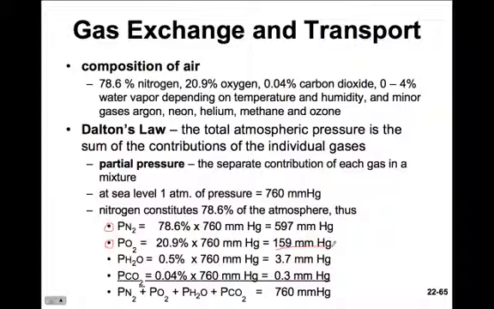If we've got about 0.5% in there, we have 3.7 millimeters of mercury. The other important one here is partial pressure of carbon dioxide. At about 0.04%, we end up with 0.3 millimeters of mercury. And if we total all of these partial pressures, then we end up with the atmospheric pressure at sea level, which is 760 millimeters of mercury.